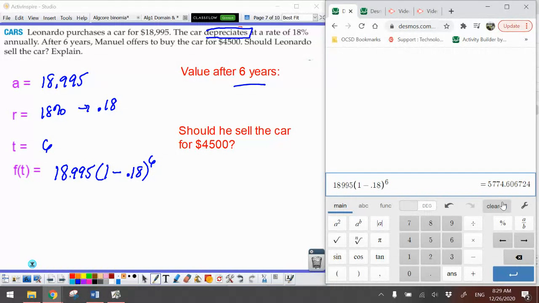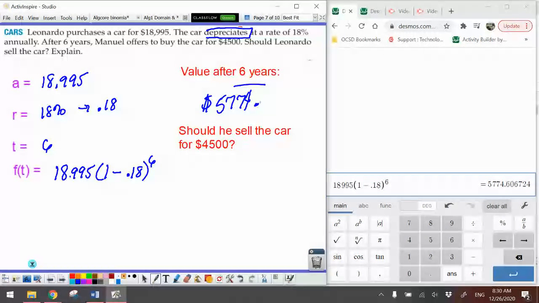Well, my car at year 6 is worth 5,774 point. Let's round that to money. So decimal spots 2. 60 becomes 61. So my car is worth $5,774.61. So should he sell the car to Manuel for $4,500? No, he shouldn't.